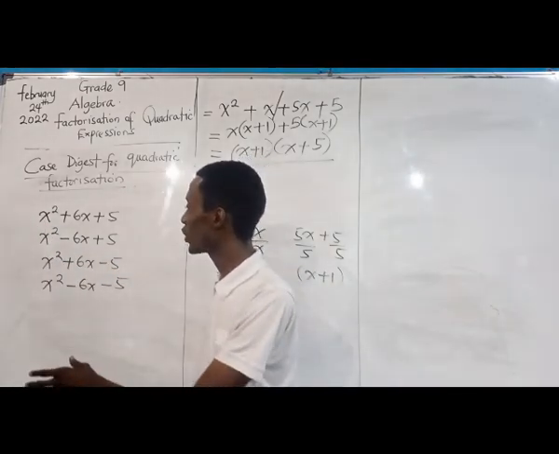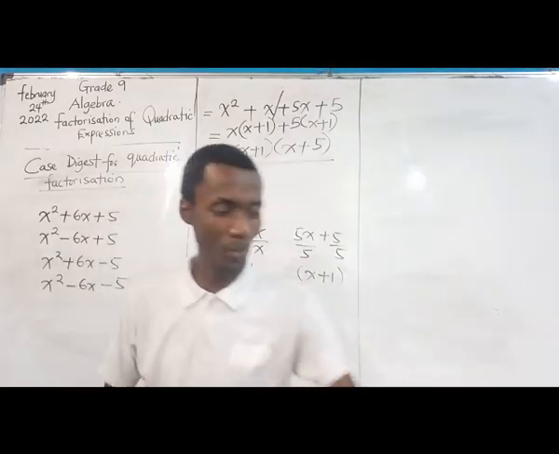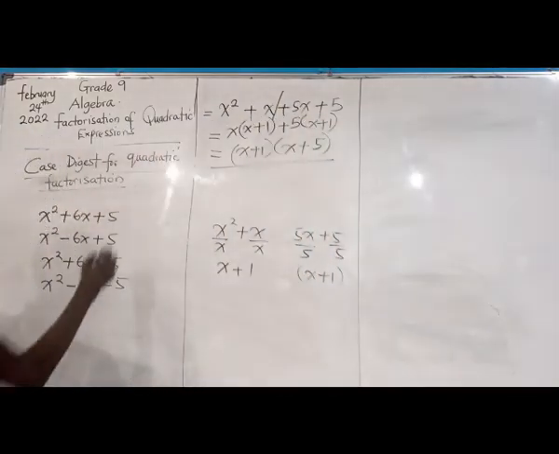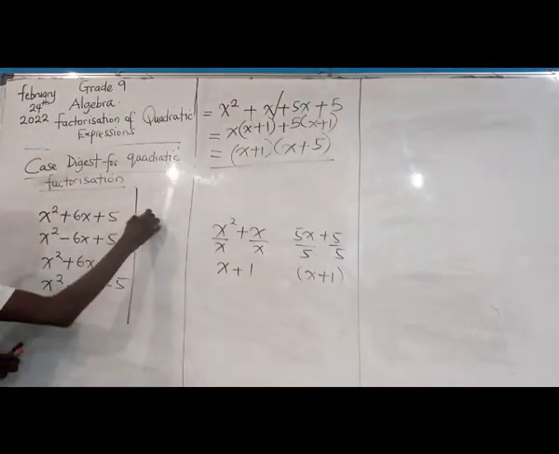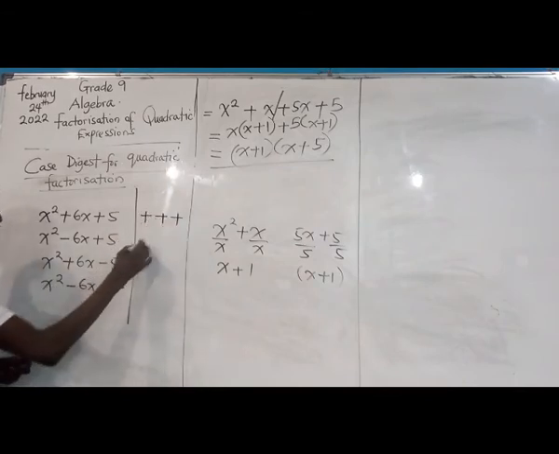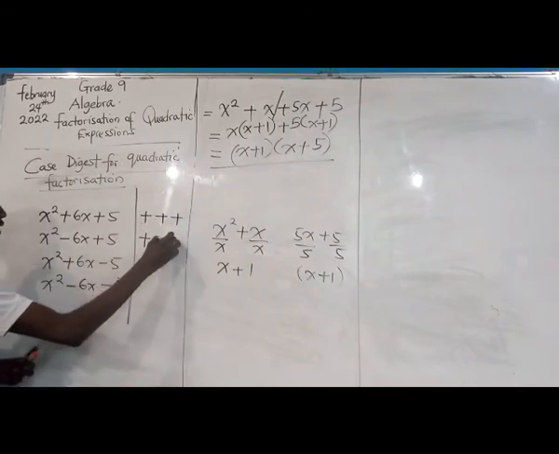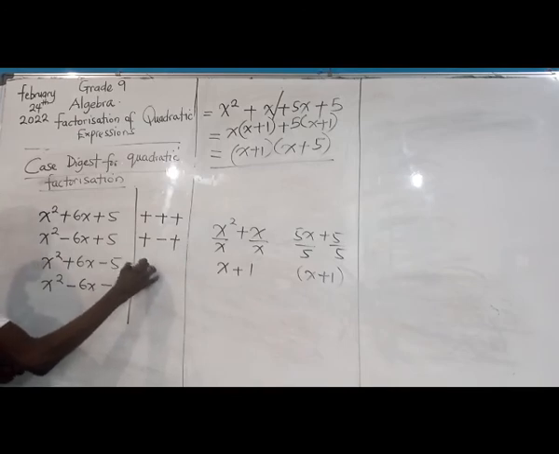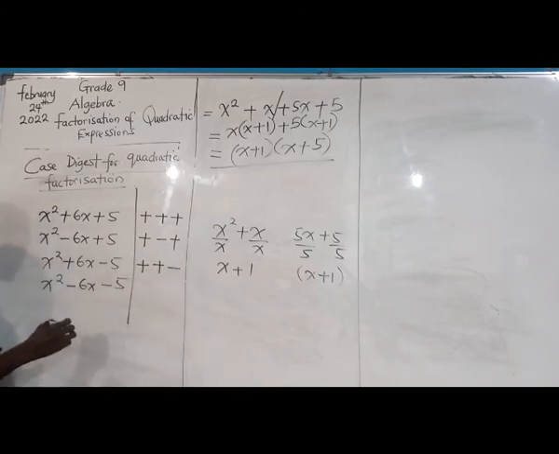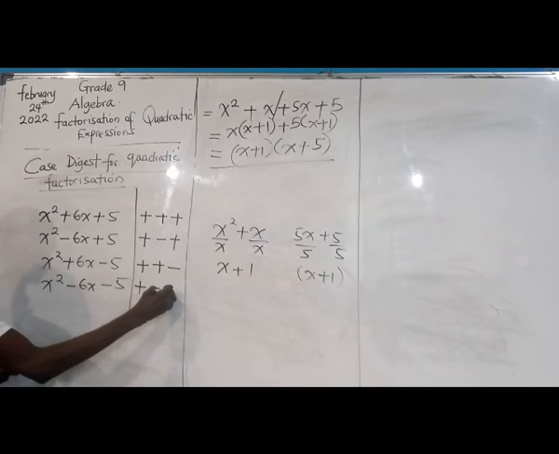So what we're essentially doing is to play with this one. If you watch the permutation very well, what you'll be seeing will be something like this. Plus, plus, plus, plus, minus, plus, plus, plus, minus, and plus, minus, minus.